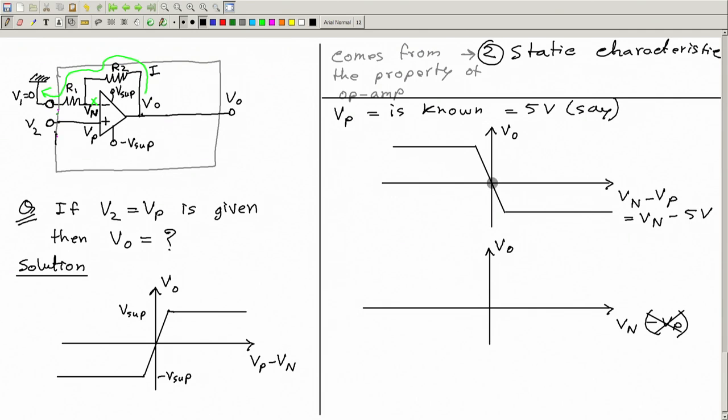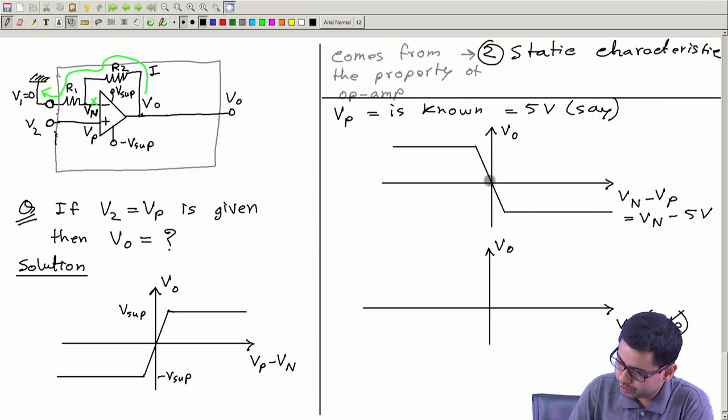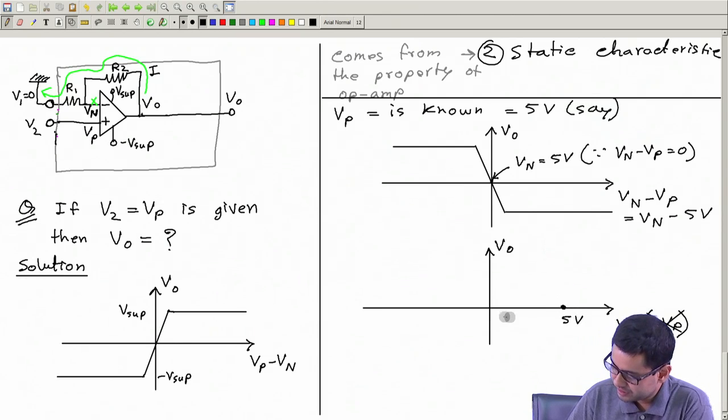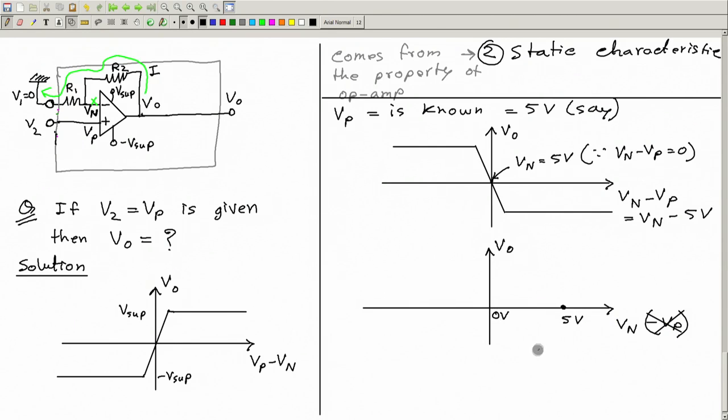Here Vn minus Vp is 0, which means Vn equal to Vp, which means Vn equal to 5 volt. Okay, so at this point Vn is equal to 5 volt, since Vn minus Vp is equal to 0 at this point. Okay, so that means at the value of 5 volt of Vn, this crossover occurs. So therefore in this curve, if I have 5 volt here somewhere, this is 0 volt, this is 5 volt, then this curve will shift like this.